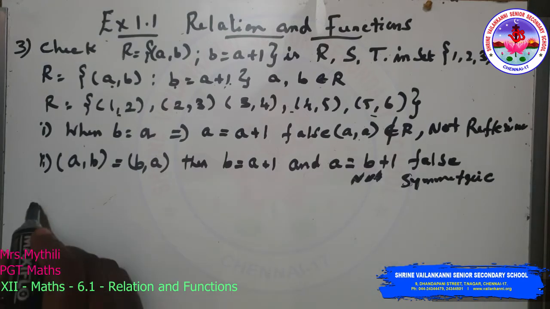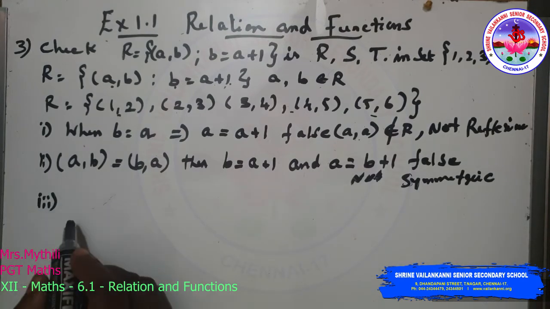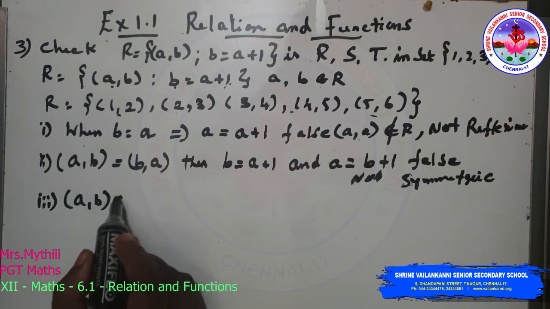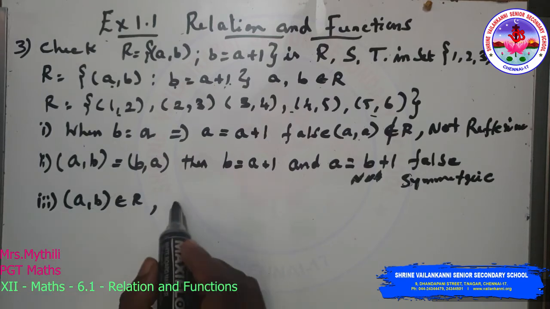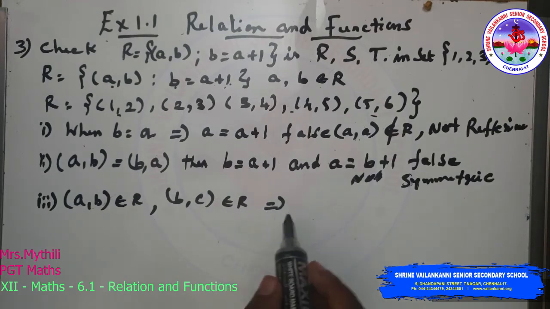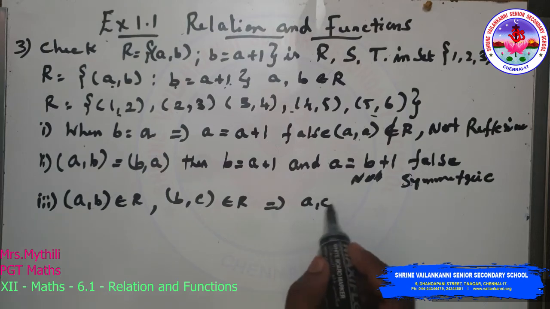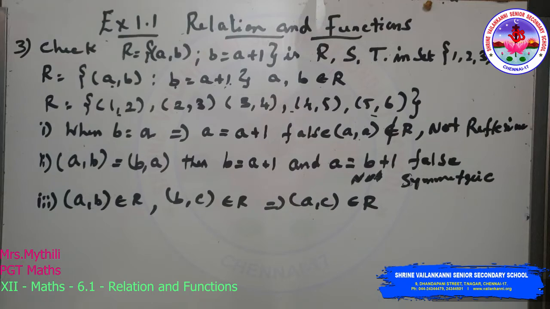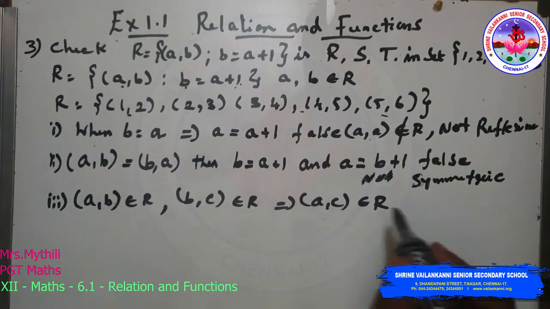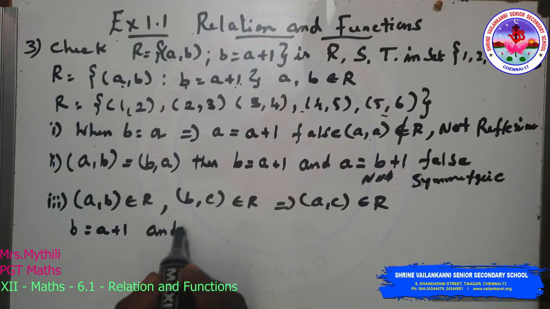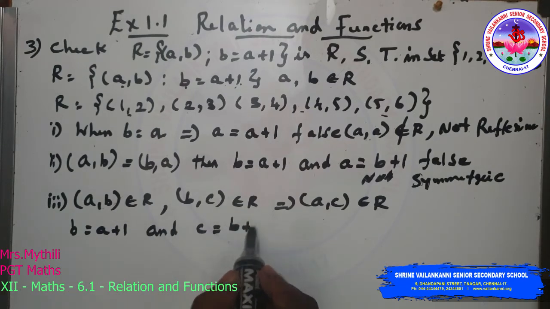Then we have to check whether it is transitive. If (a, b) belongs to R and (b, c) belongs to R, which implies that (a, c) belongs to R. Then b = a + 1 and c = b + 1.